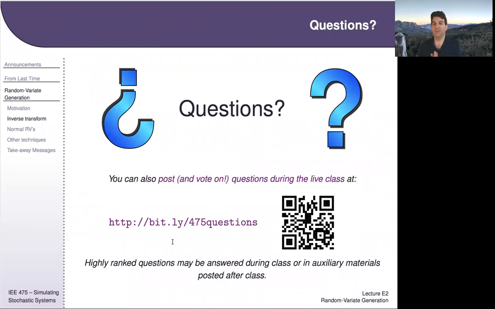All right, so that's all of the new content that I wanted to cover before we talk about the midterm. Are there questions there about those different categories of how we make use of discrete random variables and the inverse transform technique?